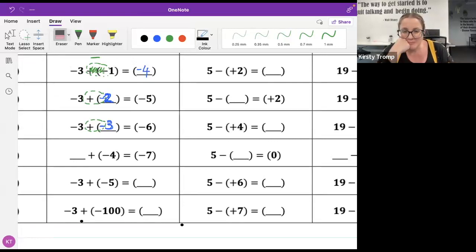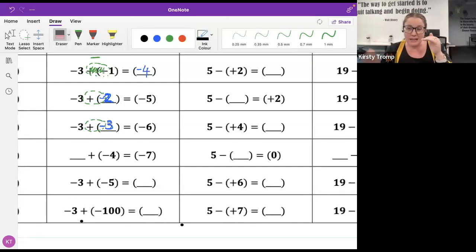Hello, ma'am. When it's positive and positive, what will it be? Will it be negative? No, Unati, when you've got a positive sign next to a positive sign, the sign is going to stay positive.